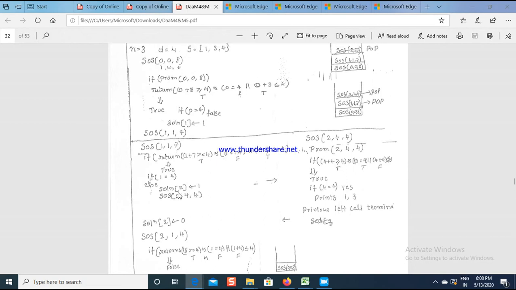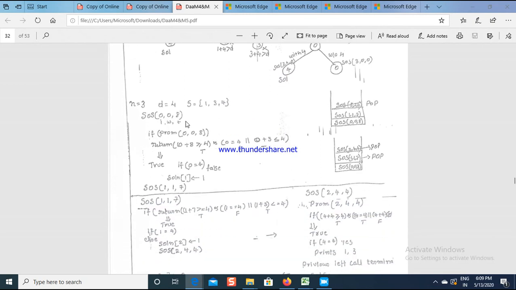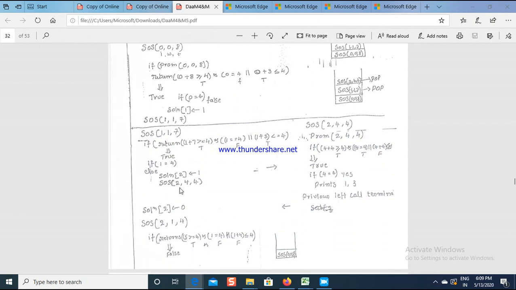It is the same thing, I explained. This is 4 actually, 244. I have written it correctly here. So it is sum of subset of 244, and that 244 will be pushed onto the stack. Sum of subset of 7 was pushed. Now again left call, so 244 will be pushed.